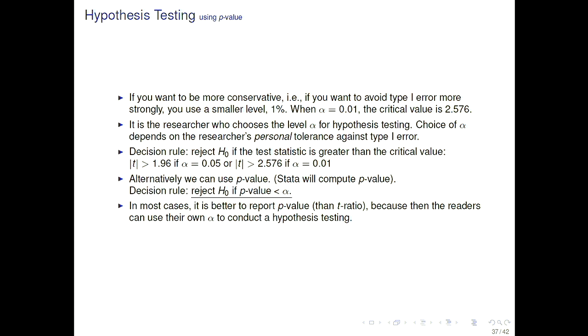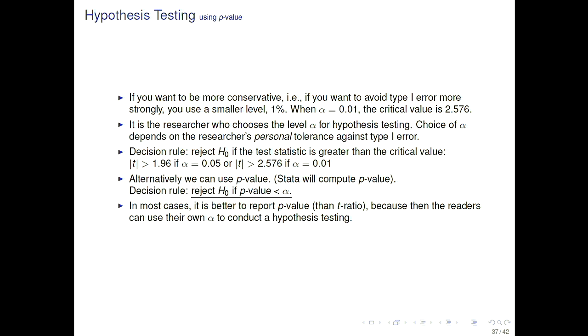And if you are a more conservative person, if you really believe the null hypothesis is true, then you're going to use a smaller number for the level. Like in that case, that is 1%. Or some people can use 0.1%. That's up to you.